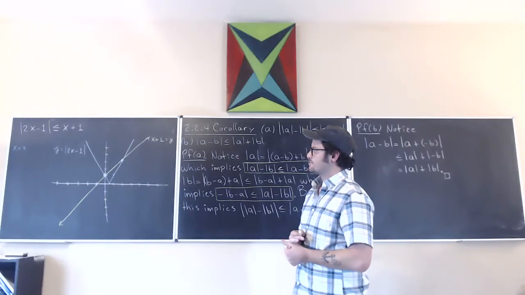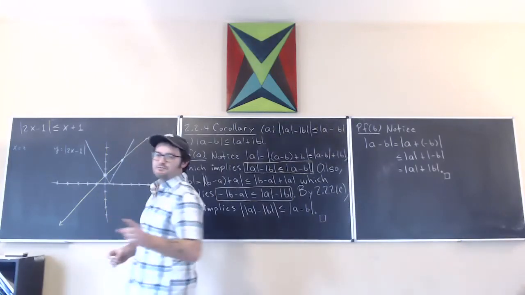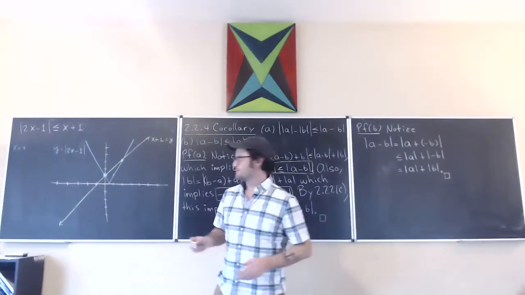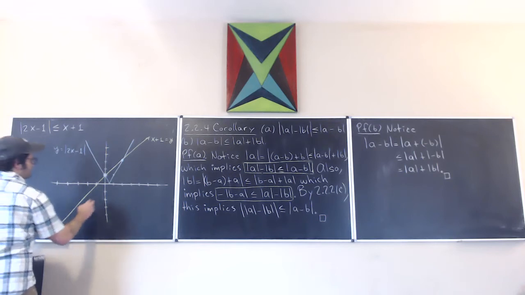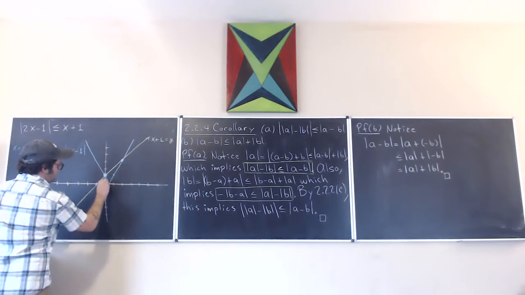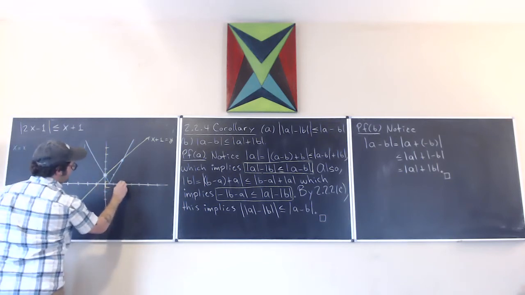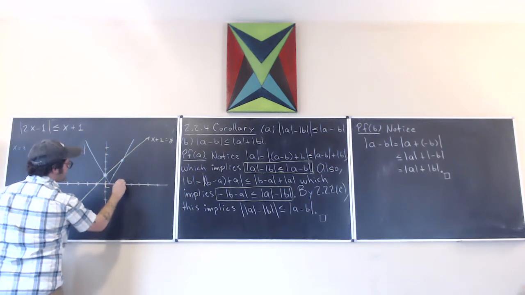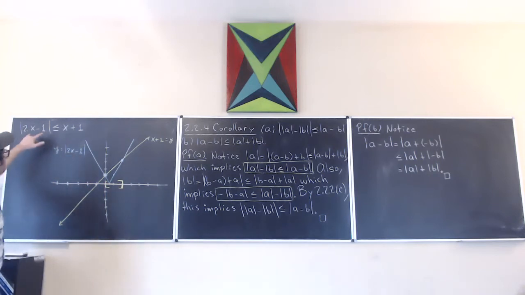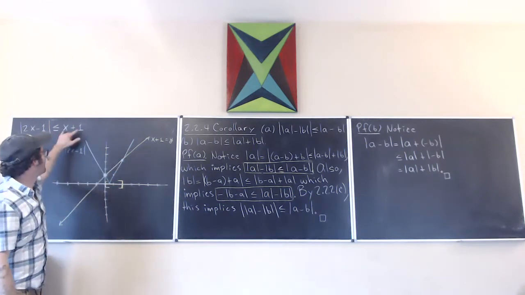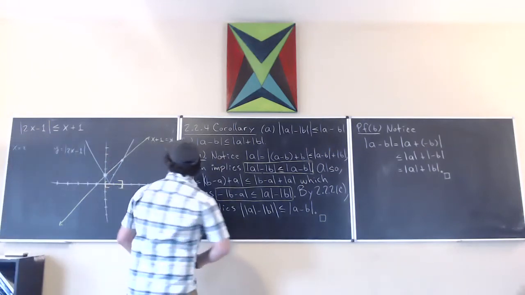When x equals 0 and 2? So not when x equals, when x is in that interval. If x is in that interval, notice that the graph of this function lies below the graph of this function. Right?